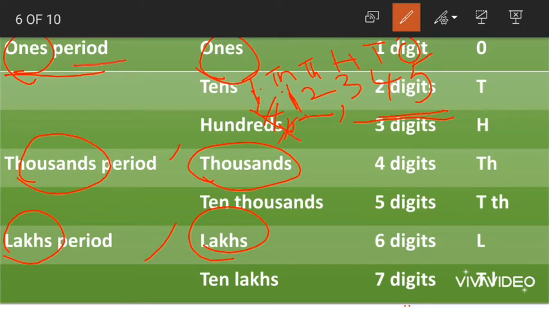Now, why are periods important? Periods are important because we place commas on the basis of periods. Or you can simply remember it this way: we place the first comma after 3 digits. After how many digits, children?